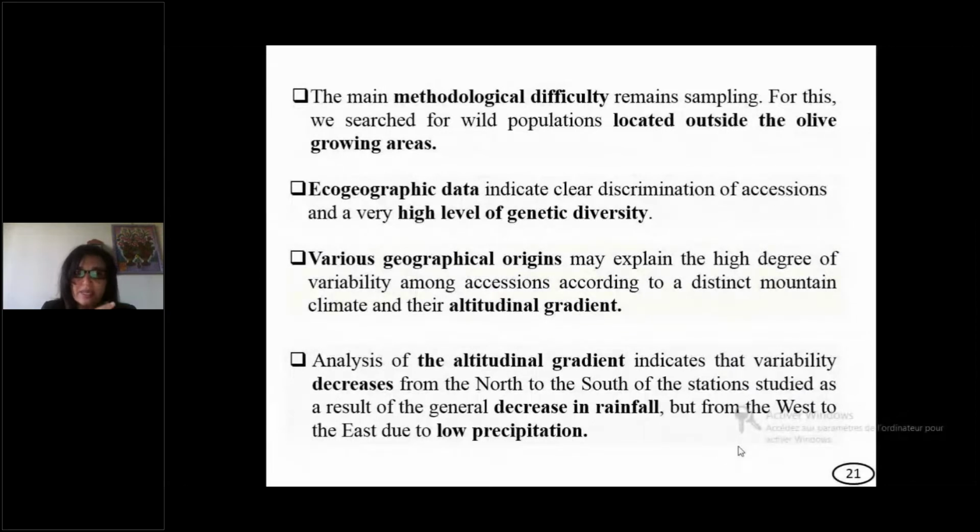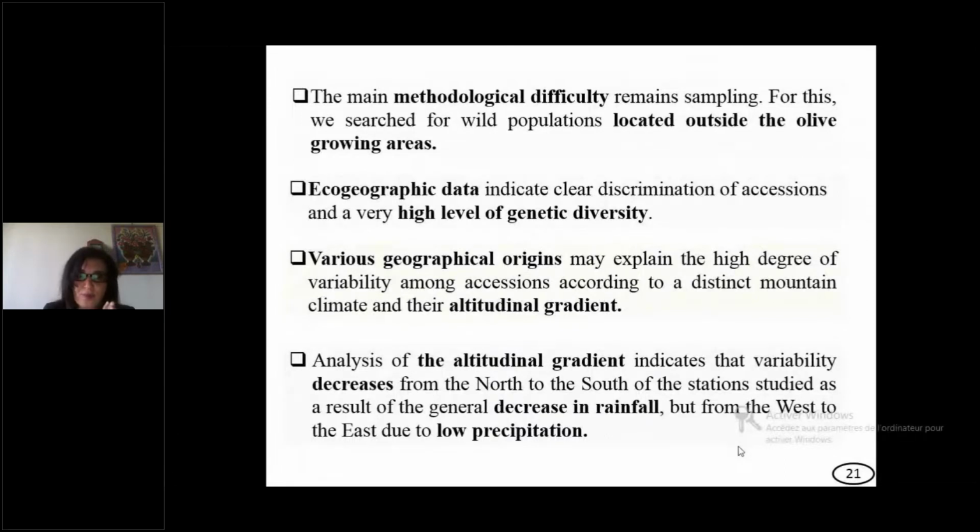The third point is that the various geographic origins may explain the high degree of variability among accessions, according to a distinct montane climate and their altitudinal gradient.